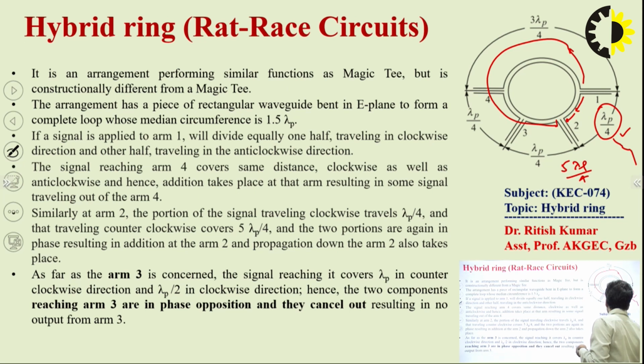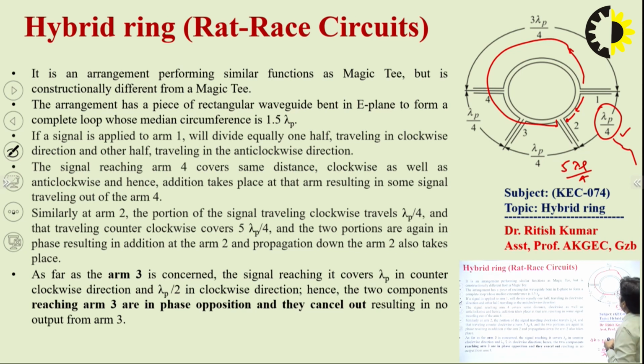So we can say this is pi by 2. We will have a pi by 2 phase difference for this port with respect to the other, while in the case of 5 lambda p by 4 we will have an odd multiple of pi by 2. So we can say at port number 2 we will have the power in the same phase, so we will get the power at port number 2.